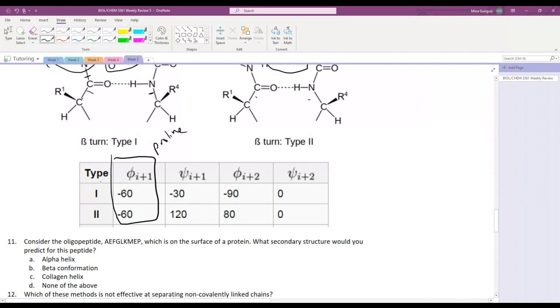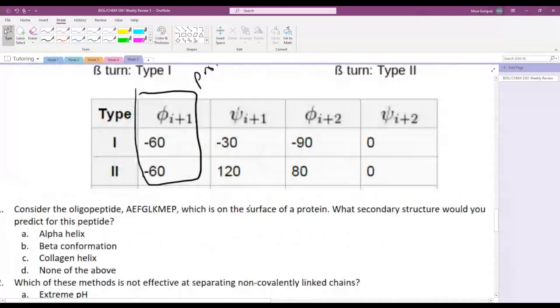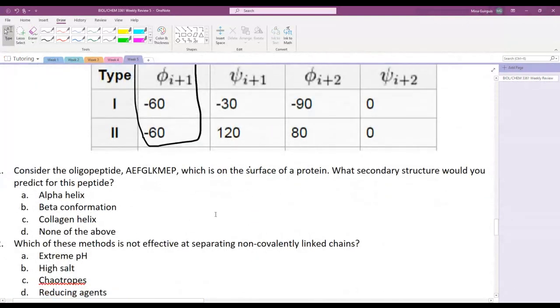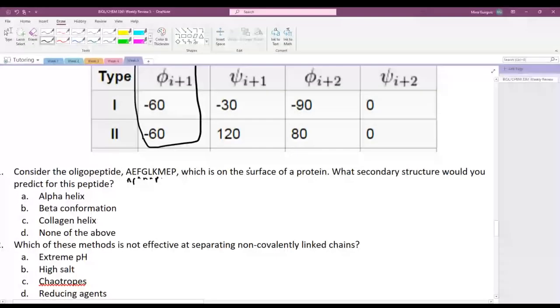Considering this oligopeptide, what secondary structures would you predict for this peptide? We're gonna do exactly what we did before, and I'm just gonna label polar, non-polar for each of these. Methionine, basically non-polar.